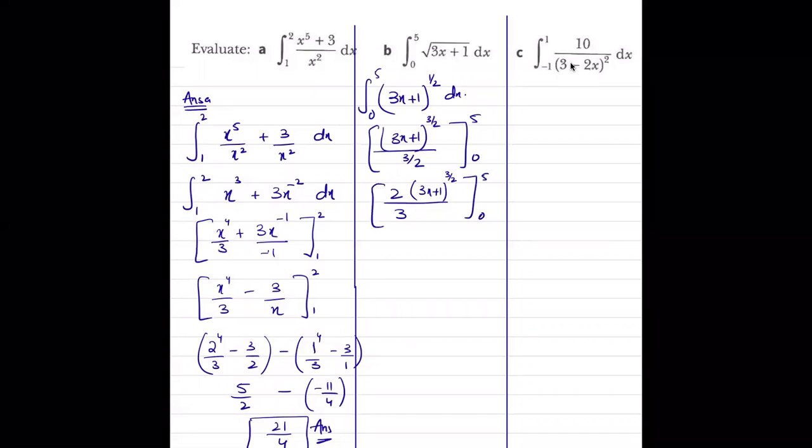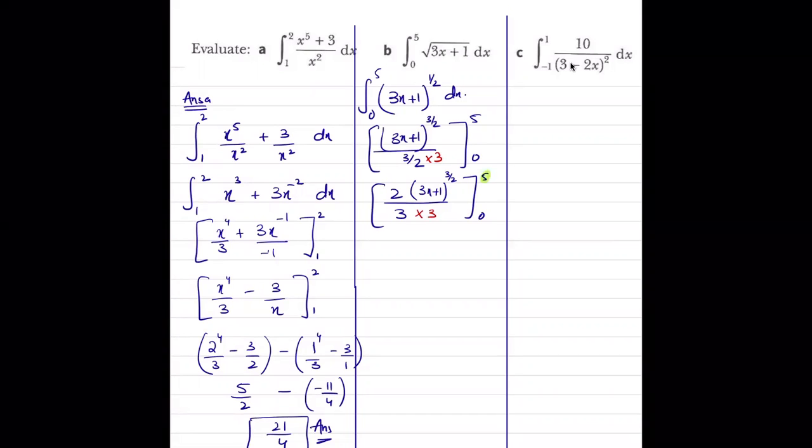When you plug in 5... Sir, times 3 is, yeah, for the denominator, don't you have to multiply it by the differentiation of the bracket? Yeah, very good. So we are going to multiply this by 3. Okay. So then you're going to apply the upper limit first.